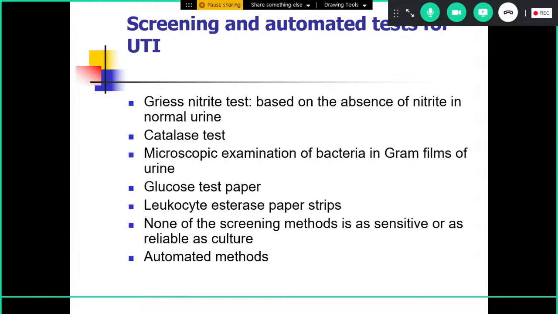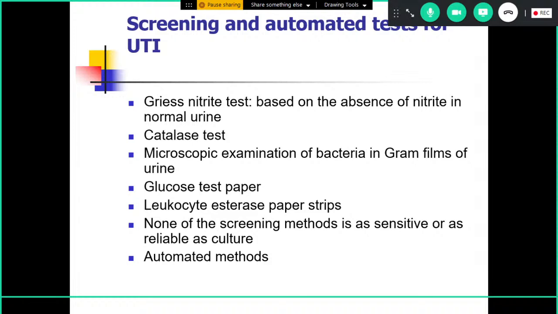Bacteria of the Enterobacteriaceae family reduce nitrates to nitrites, so if nitrites are present, it would be a presumptive indication that there are bacteria of the Enterobacteriaceae family. Then there is doing a catalase test or microscopic examination of bacteria in Gram films, which is laborious.